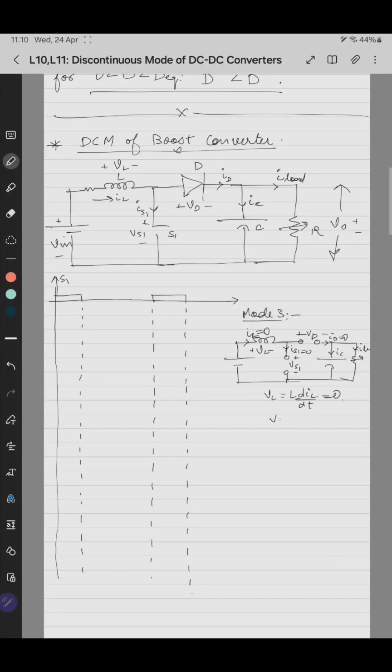So in that case, VS1 almost equals Vin, and in that case VS1 equals VD plus V0. So VD becomes equal to VS1, that is Vin minus V0. So this is the mode 3 of operation, where IL equals IS1 equals ID equals 0 and IC equals minus ILoad.